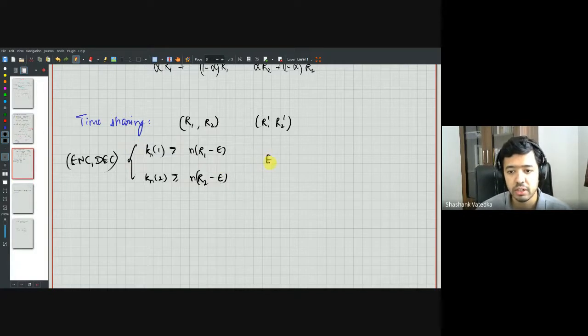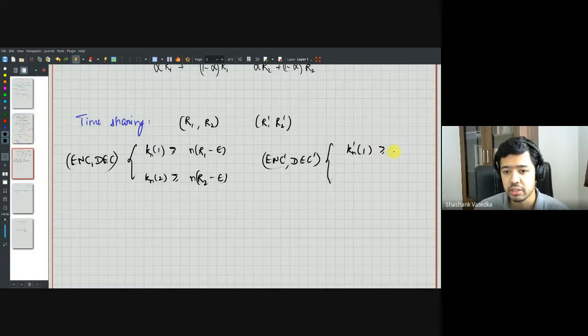Similarly, there are also encoders and decoders such that kn of 1, let me call it kn prime of 1, is at least n times R1 prime minus epsilon, and kn prime of 2 is at least n times R2 prime minus epsilon.